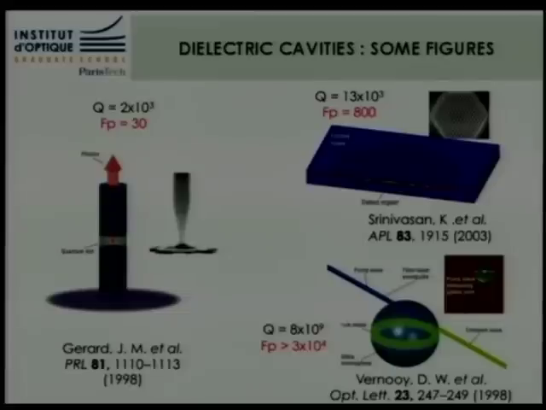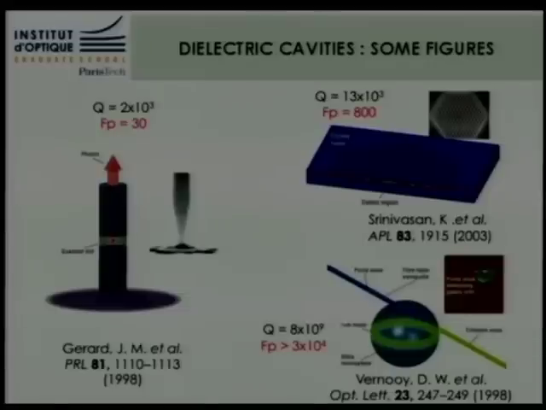Then other groups used photonic crystals, with which they reached quality factors of several 10,000, leading to Purcell factors of nearly 1,000.